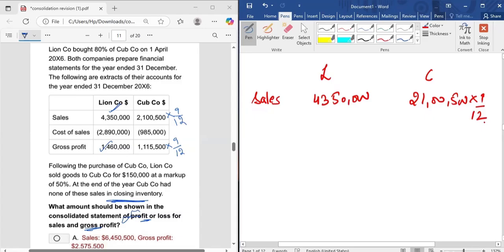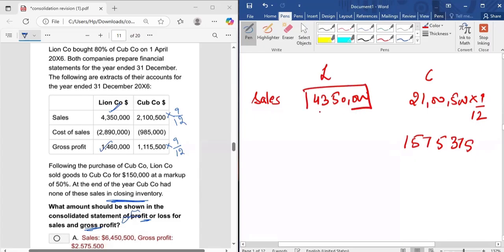So this will come out to be, let me calculate it. 21 lakh multiplied by 9 by 12. So this will come out to be 1575375.